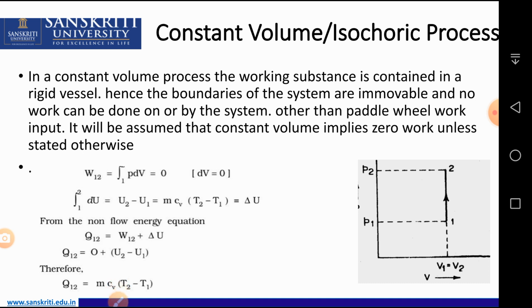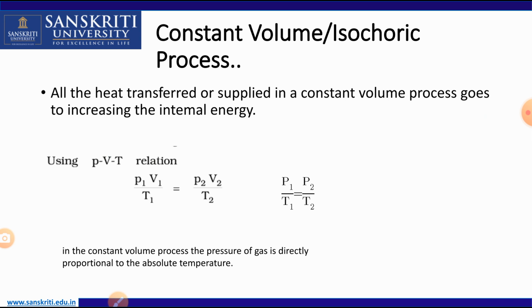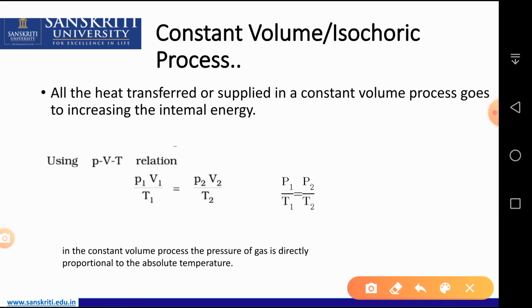Next, all the heat transferred or supplied in a constant volume process goes to increasing the internal energy. In a constant volume process no work occurs, so the heat energy changes into only a change in internal energy.